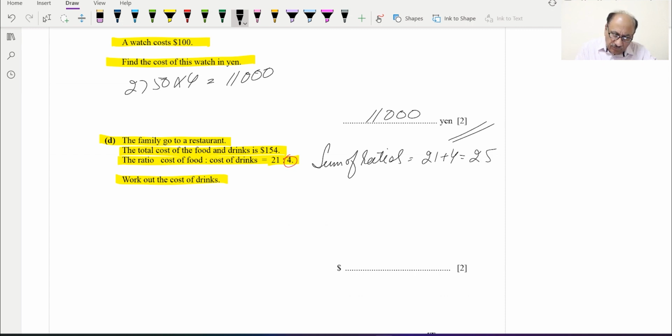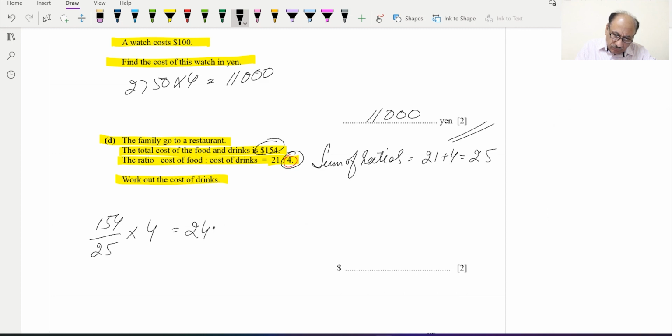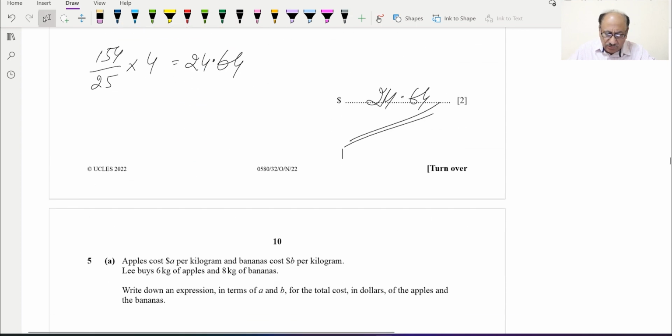So $154, we will divide by 25 and multiply by the ratio which is 4. 154 divided by 25 and multiplied by 4 is equal to 24.64. $24.64. This will be our answer for 2 marks.